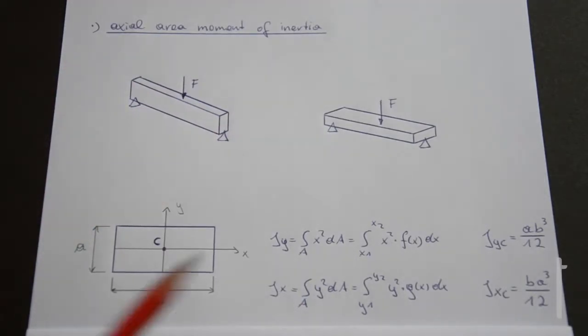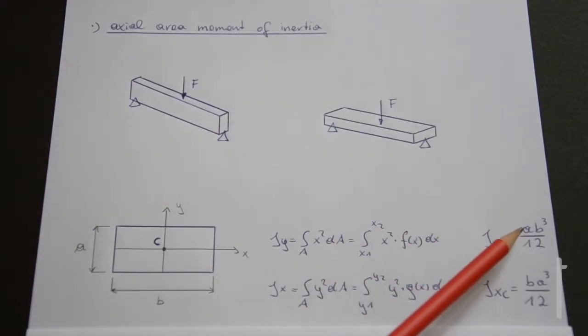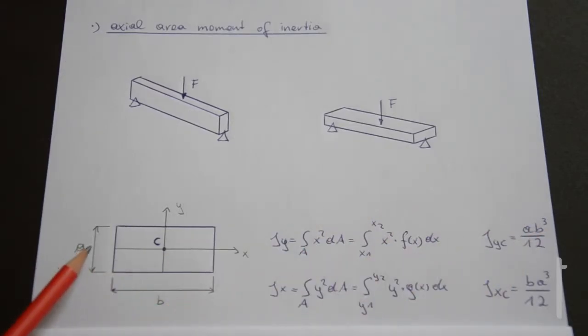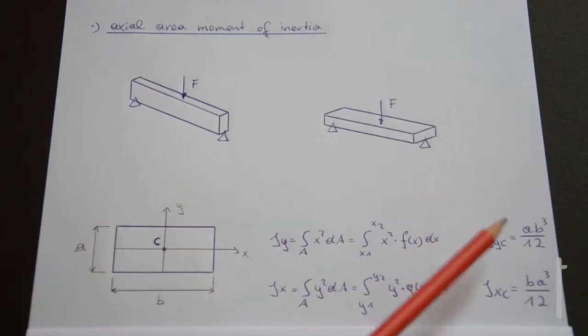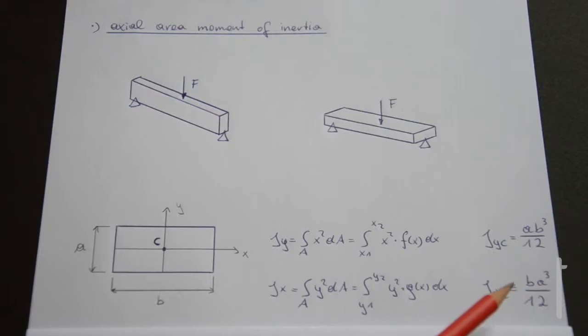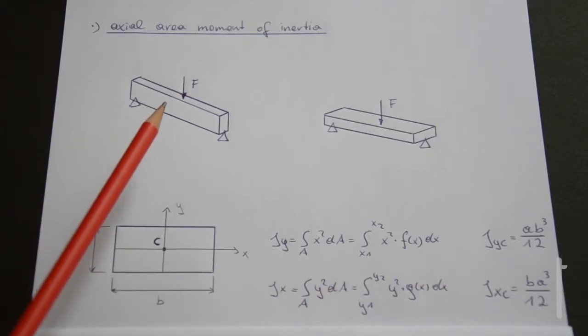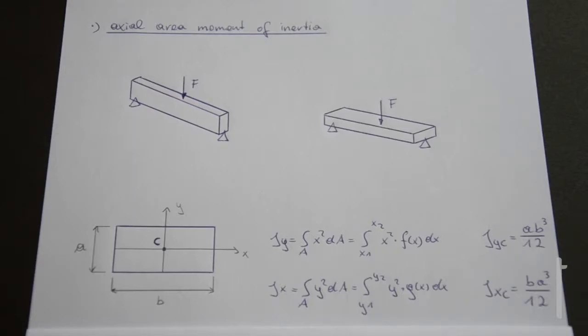Now, since Jy equals a times b to the third power over 12, and b is bigger than a, yeah, of course Jy is bigger than Jx. Okay, so this has a bigger value than this. Not important how big a and b are. In every case, the Jy is bigger than the Jx. So the bending is less here because the moment of inertia is bigger.